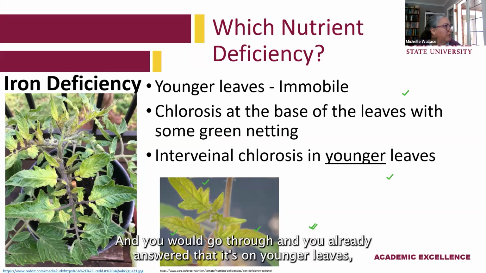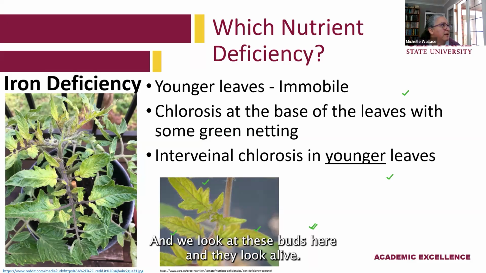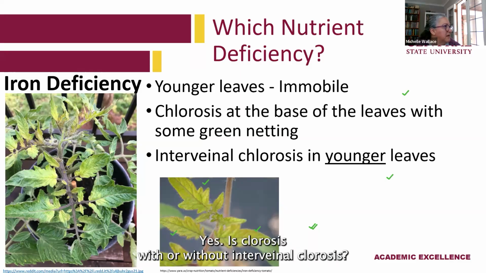And you already answered that it's on younger leaves. Then you would ask, is the terminal bud growing point dead or alive? We look at these buds here and they look alive. So we're going to say no, the growing point typically stays alive. Is it chlorosis with or without interveinal chlorosis?